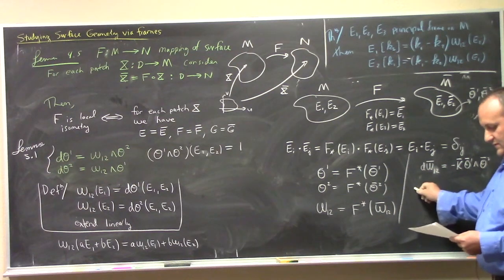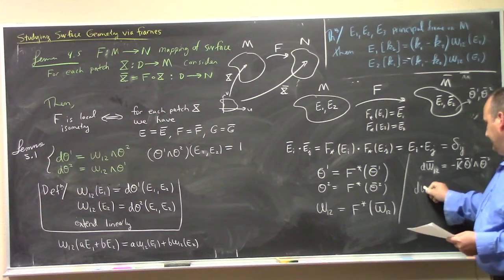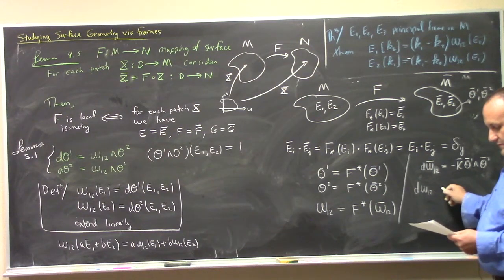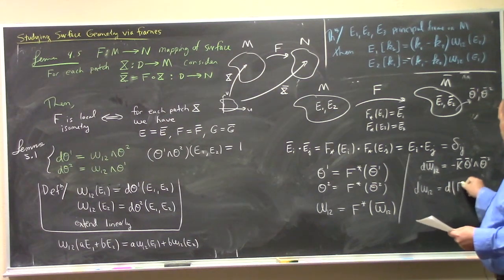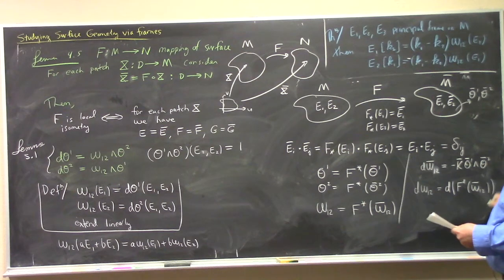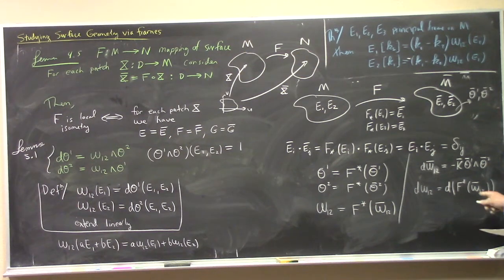Well, I have written this, d omega 1, 2 is equal to d of the pullback of omega bar 1, 2. And then the cool thing about the pullback is it commutes with the differential. So that's the pullback of the differential of omega bar 1, 2. But that's the pullback of K bar theta bar 1 wedge theta bar 2.